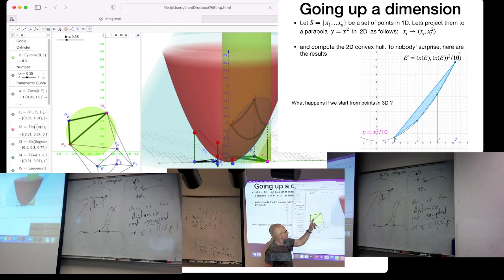In particular, I notice that P1, P2, P3 creates a Delaunay triangle. On the left side of the screen, you see the Delaunay triangulation of these points. Several triangles. I picked one of them, P1, P2, P3, and I look at the circle that passes through P1, P2, P3.